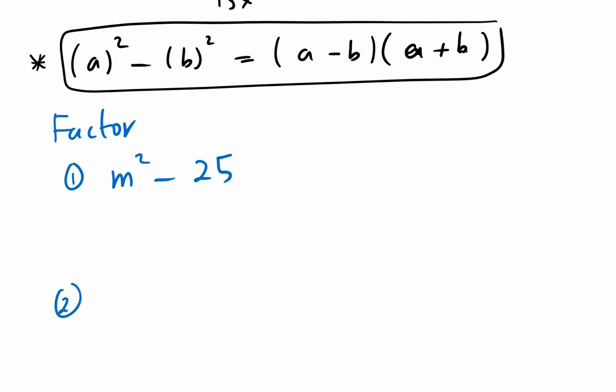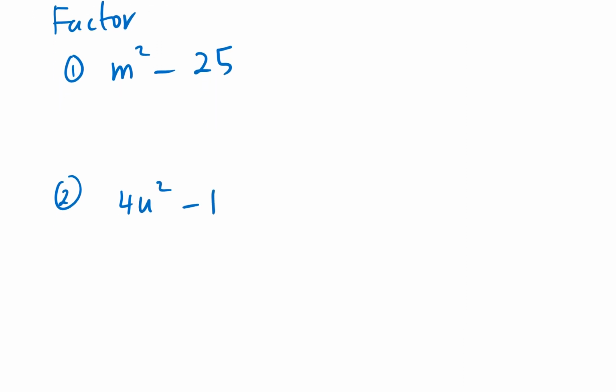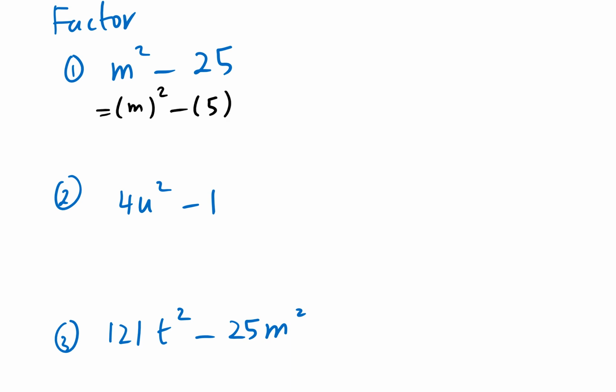And we will do something like 4u squared minus 1, and 121t squared minus 25m squared. For the first one, you can write it as m squared minus 5 squared. So that would give us m minus 5 times m plus 5.